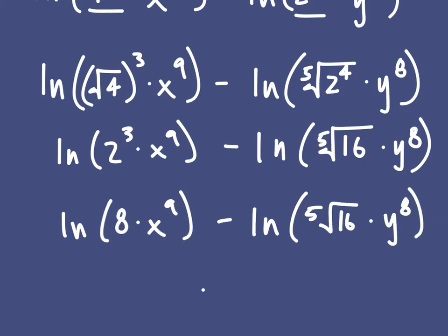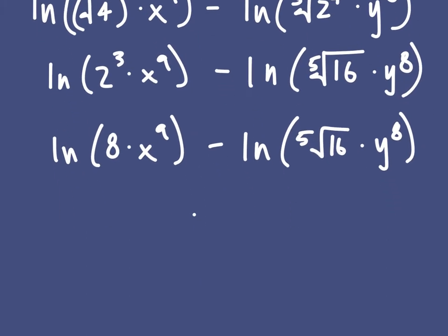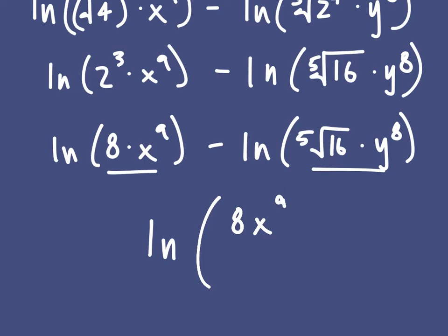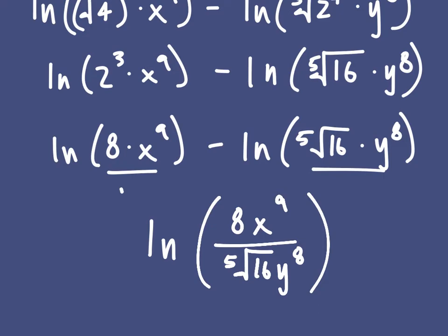And we can't take the 5th root of 16. That's just not going to do anything for us. And so at this point, because we've simplified inside of our log as much as we can, let's write this as a single log. Because I'm subtracting logs, we can divide what's on the inside. So I'm going to write this as a single log, the natural log of 8x to the 9th all over the 5th root of 16, y to the 8th. And I want to say that that's as far as we can go with this.